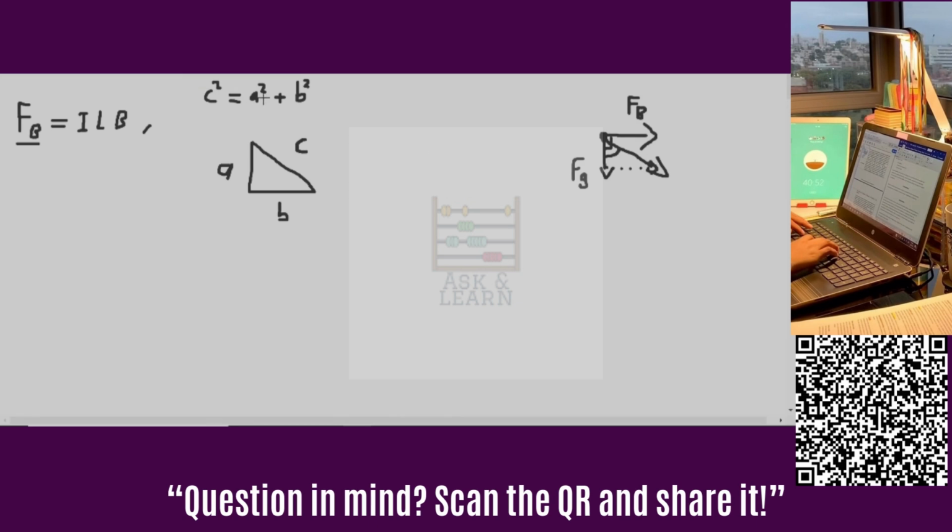So if we square them and add them here, we have the force of gravity, which is the a side because that points down, F sub G, plus F sub B, which is our force from the magnetic field pointing to the right.